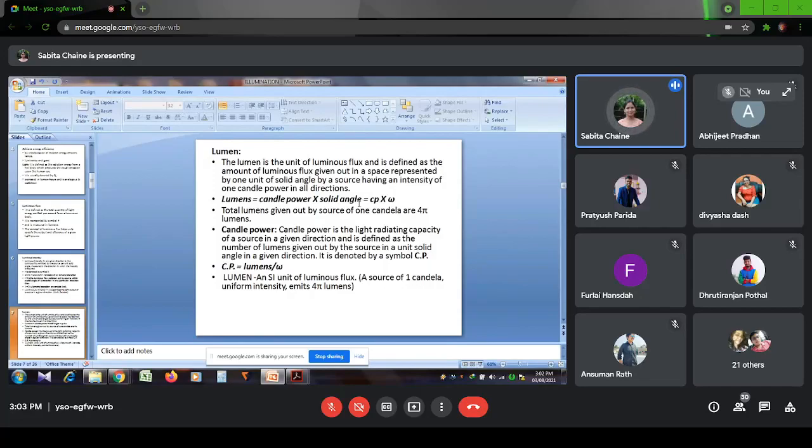If you understand, then write. If any source produces 1 candela power, and the solid angle is 1, it will produce a luminous flux of 1 lumen. The lumen is Cp into omega, so Cp is lumen by omega, which is equal to candela power.